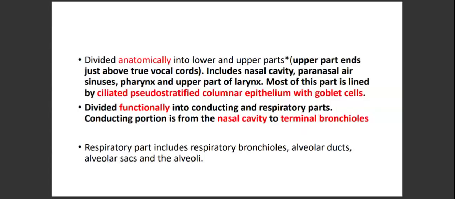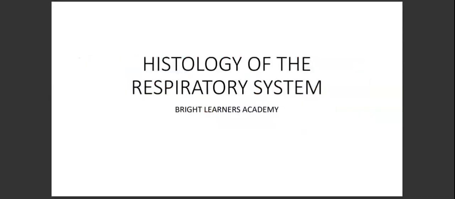So the respiratory system. Actually, before we go any further, the respiratory system is a system that you know is very cardinal for the survival of human beings, and other animals that need to respire.